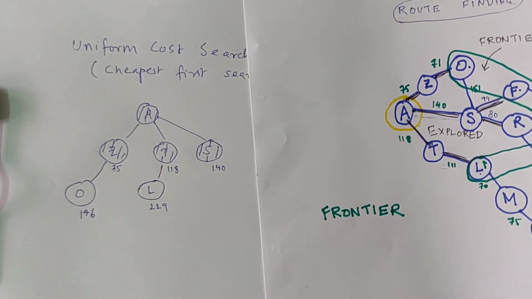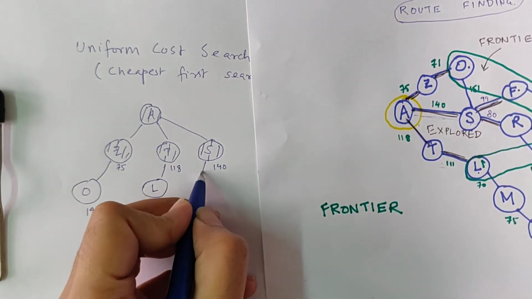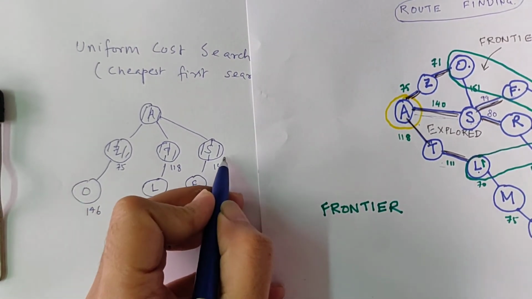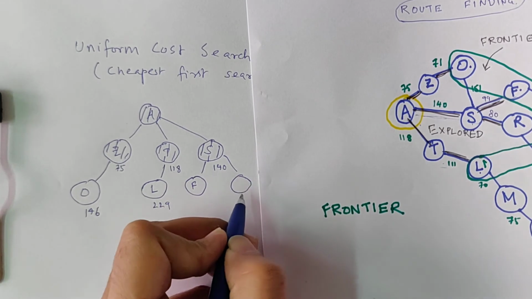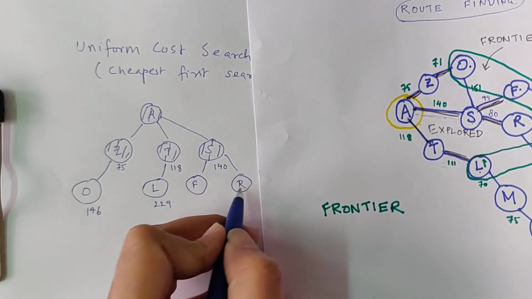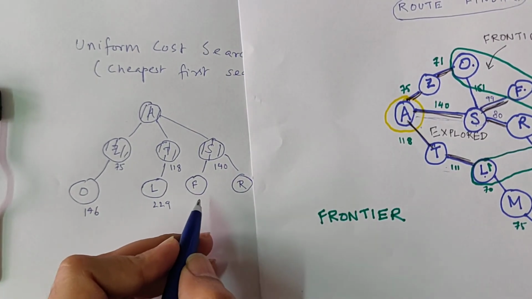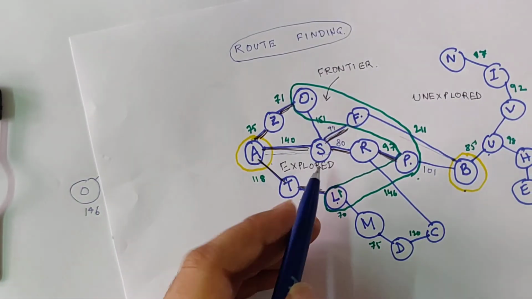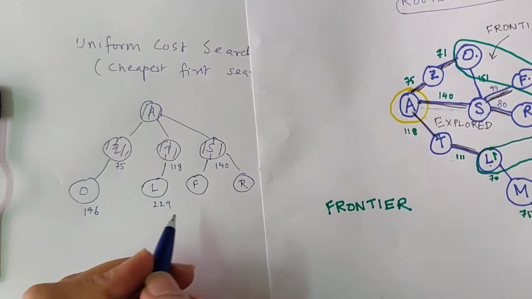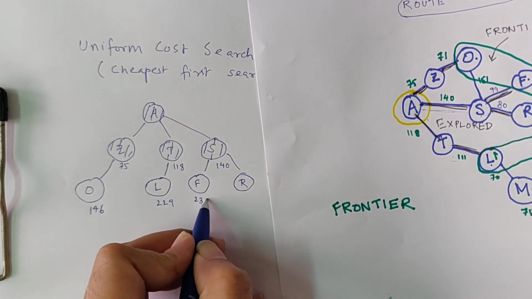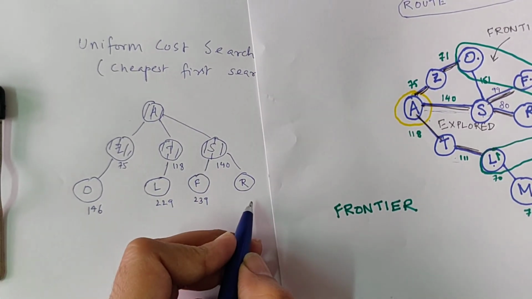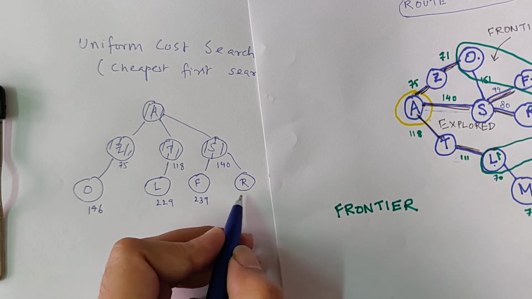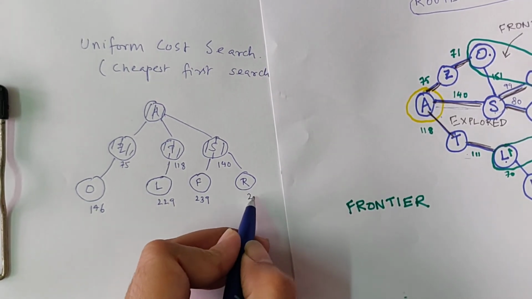By opening S, I get F and I get R. For F it will be 140 plus 99, which is 239, and for R it will be 140 plus 80, which is 220.